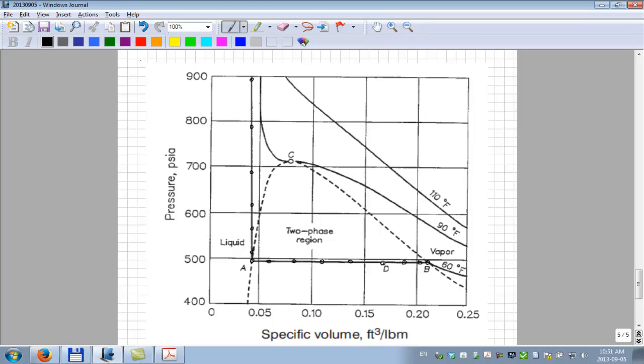Whereas over here, we had this little volume with just a bubble, and now we've got something over here that's 5 times bigger with just a drop of liquid. So the equation of state, what does it look like?